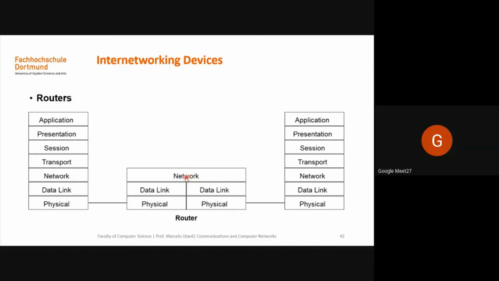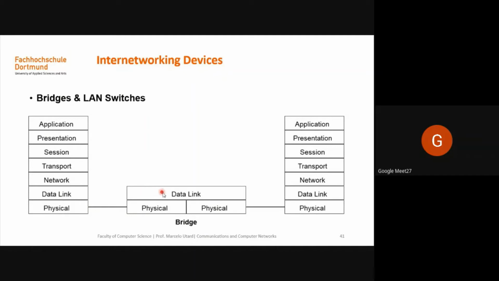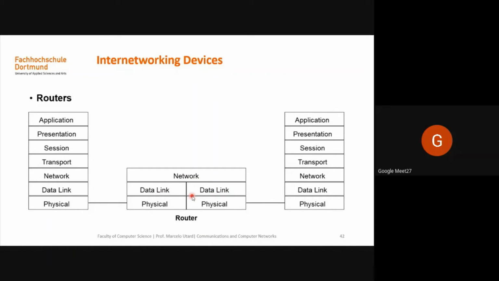The difference with the switches is that switches are only used for local communication between systems, but the router is the device that permits communication between systems from one site in the world and another site very far away.